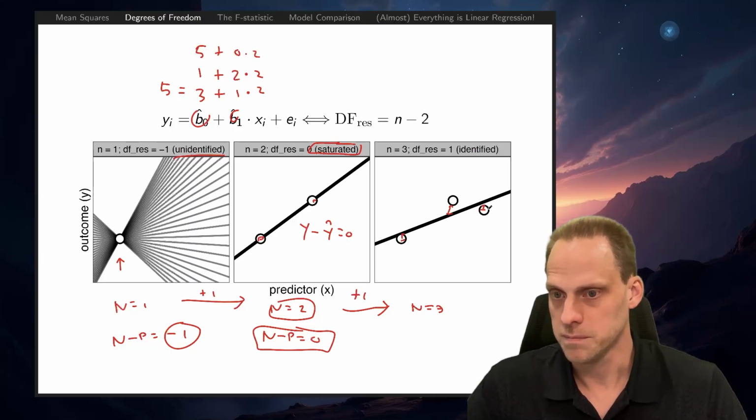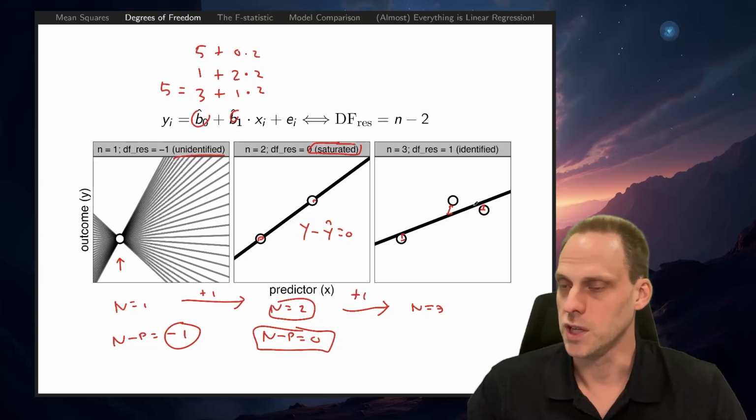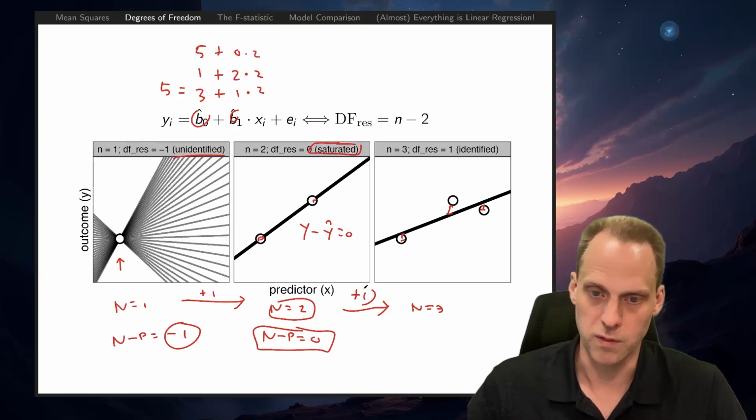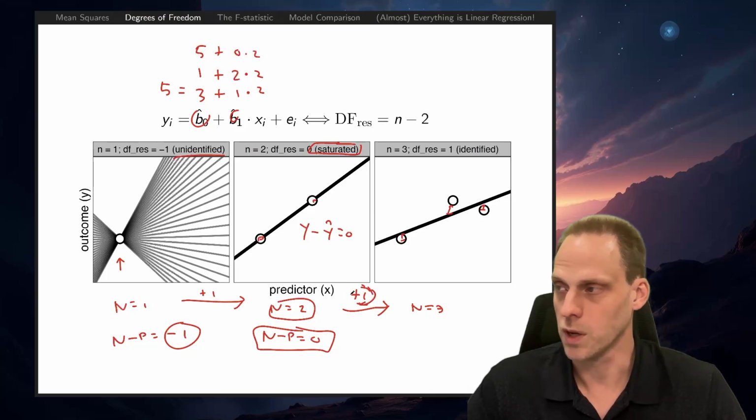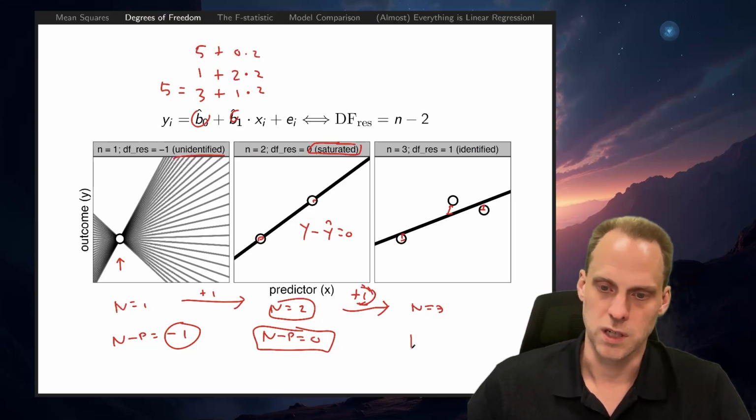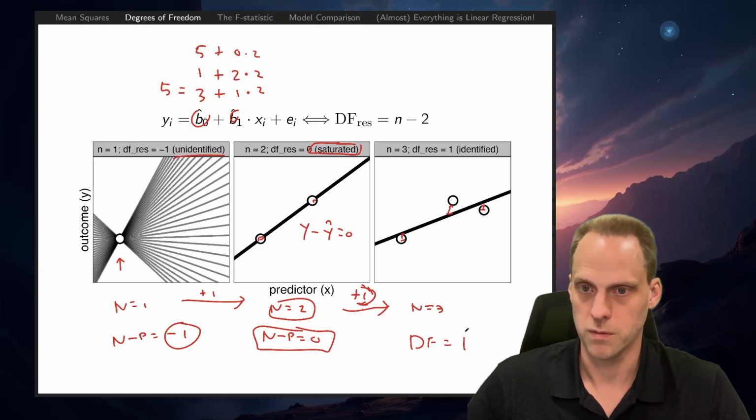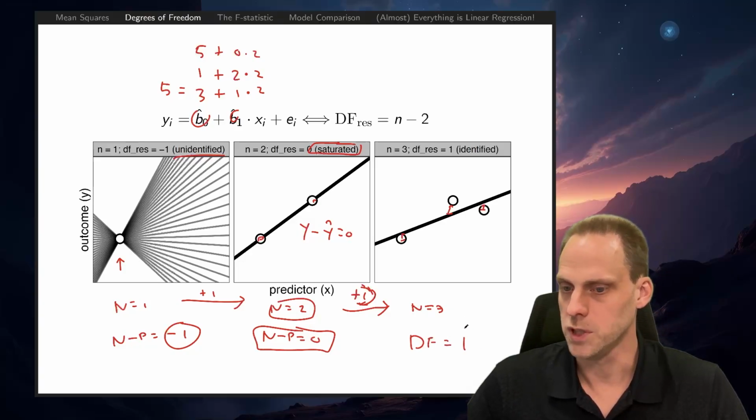But now again, just because we have 3 data points doesn't mean that we have 3 pieces of information. Adding one data point here doesn't suddenly add 3 pieces of information, it adds 1. So that's why here the degrees of freedom equals 1, right? 3 pieces of information minus 2 parameters.